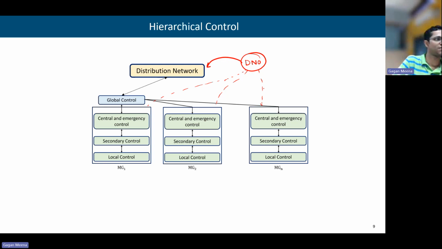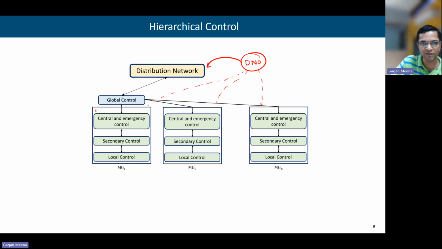The distribution network operator uses the global control. So global control is there with the distribution network, and with that global control, it can interact with all the microgrid controllers.